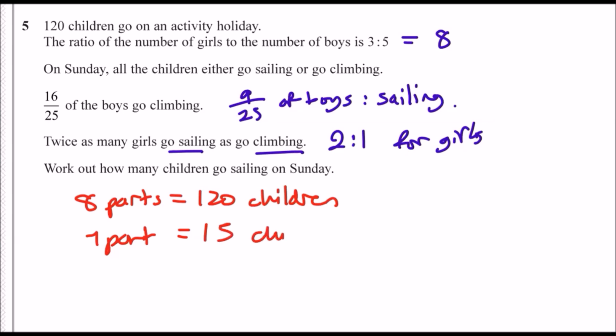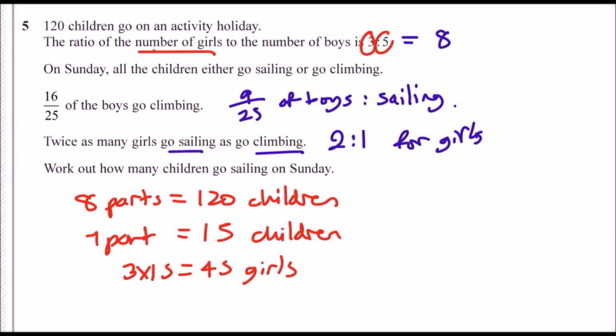So 15 children represents a single part. Therefore 3 parts, which represents the girls, must be 3 times 15, so 45 girls. Therefore, the 5 parts are for the boys, so 5 times 15 is 75 boys.